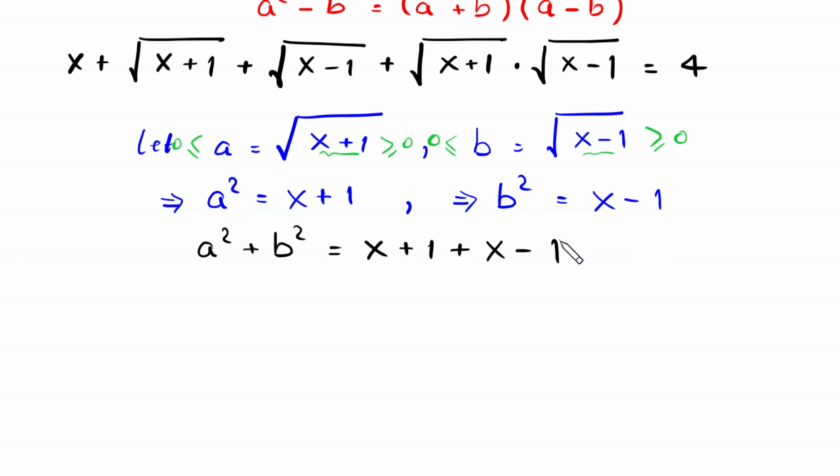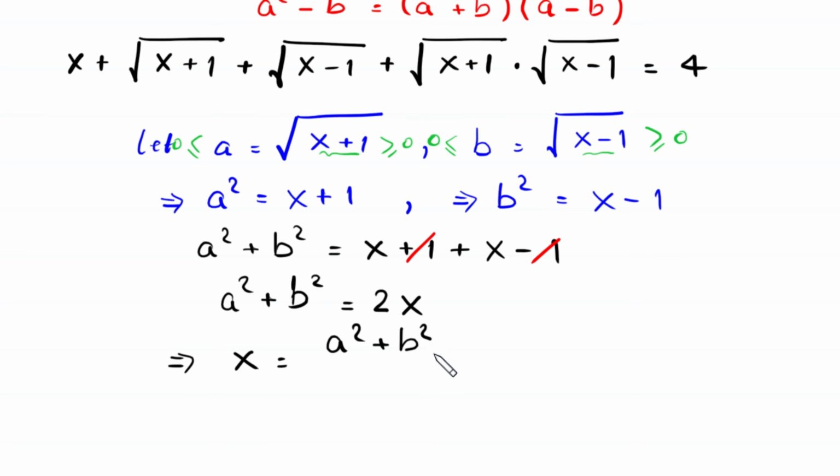And this negative 1 will be cancelled out with this positive 1. We are left with a squared plus b squared equal to 2 times x. This implies that x is equal to a squared plus b squared divided by 2.